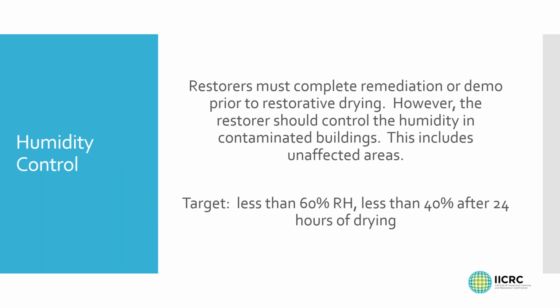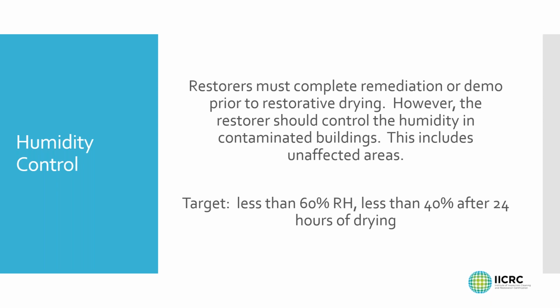All right, next one, humidity control. This is actually called out in the standard in Chapter 13, Section 13. When we are doing our remediation or demo processes prior to our actual drying, we want to get all the materials out that we aren't actually going to dry, or it takes extra resources, and that's just a poor use of resources, time, and also money for the homeowner or the insurance company.